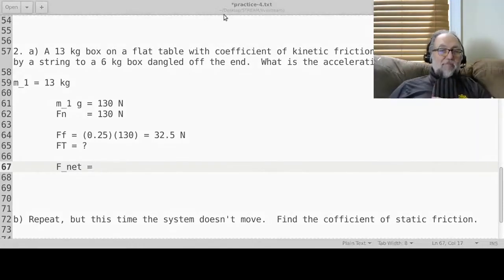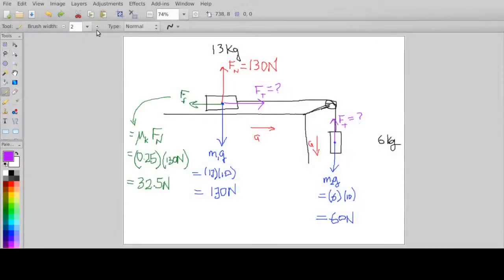So let's go back to the diagram for a second to see how we would reason out F net. These two forces here, the normal and gravity straight down, they cancel. So they're not contributing to F net at all. You can just strike them out. It's these two that are competing, and which one has to win?